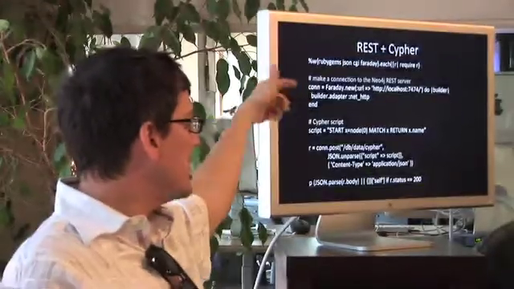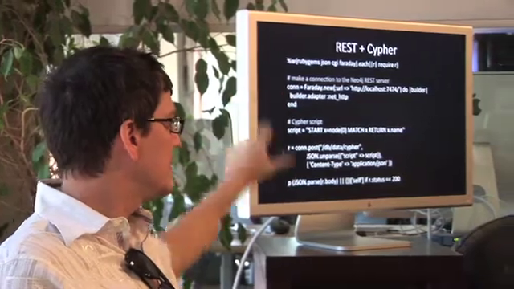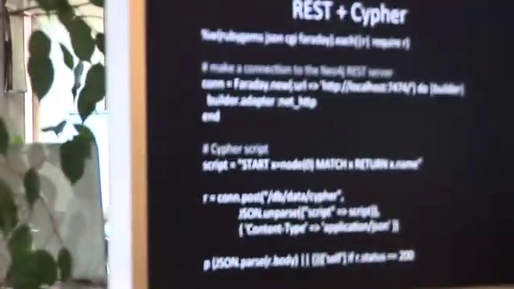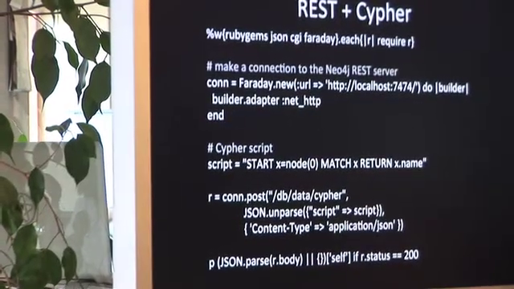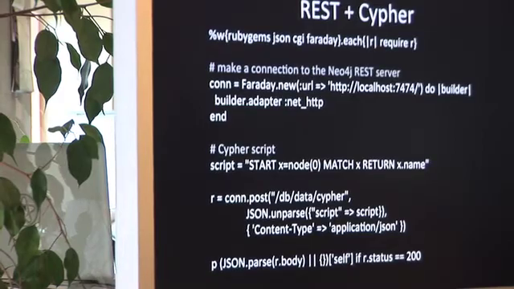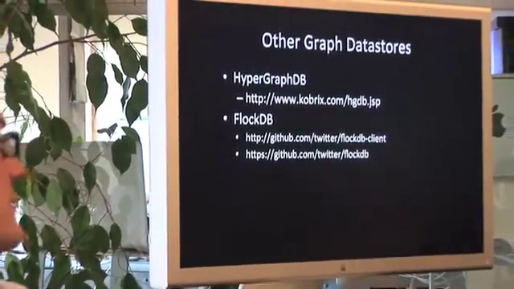Now you can wrap this. I'm just using Faraday here, but you can wrap this stuff in helper code, so you can just say, hey, execute the Cypher query and return. It would be very much like interacting with a relational database with just a different type of query language.